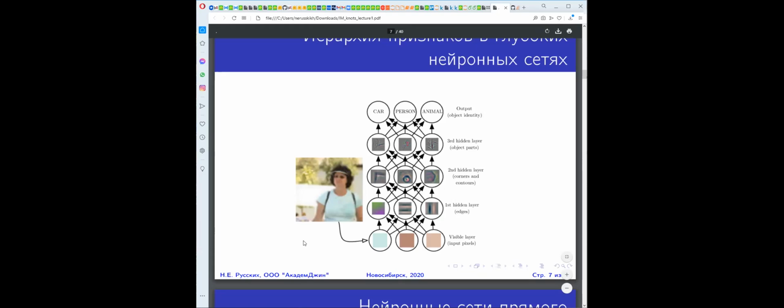So yeah, on the low level there are just pixel values, and then as we go deeper through our network, these concepts, consisting of some set of lower level concepts, become more and more abstract.